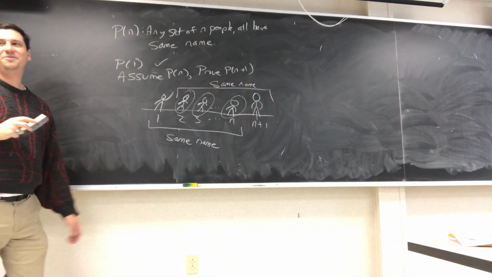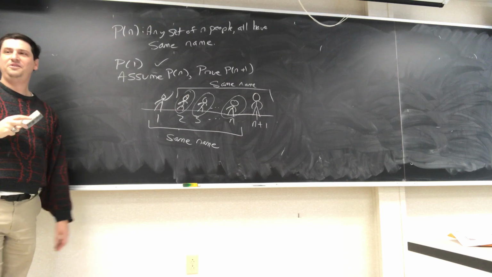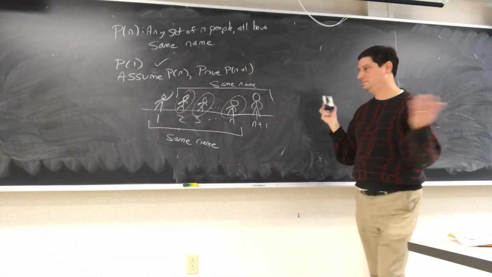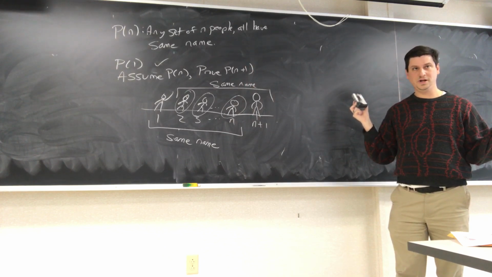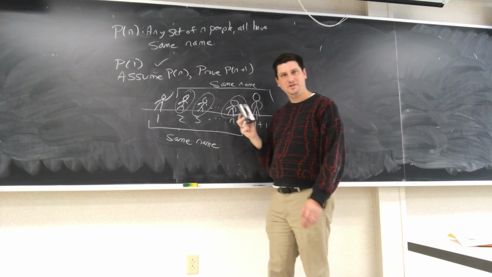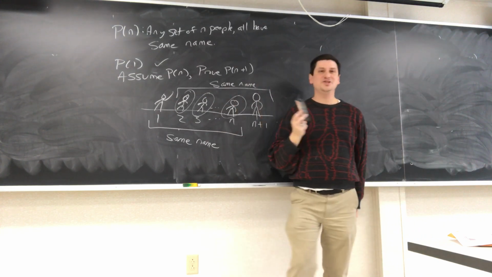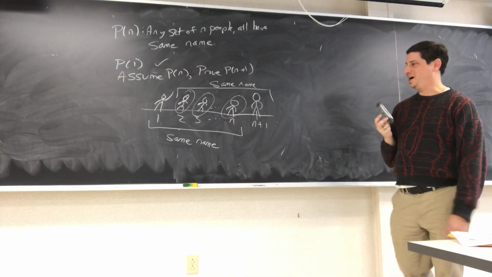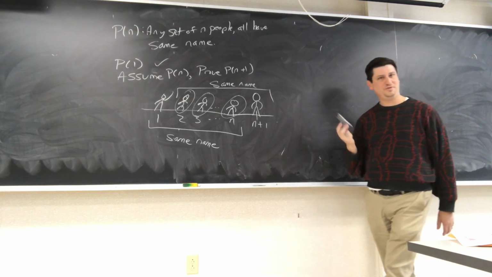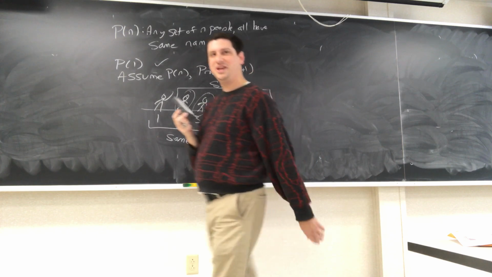That type of commonality doesn't prove it; it's like comparing apples and oranges. All I'm saying is any group of n people all have the same name. I showed the base case is true. I've shown now that if Pn is true, Pn plus 1 is true. Everyone has the same name.